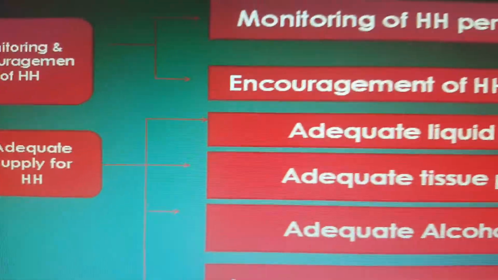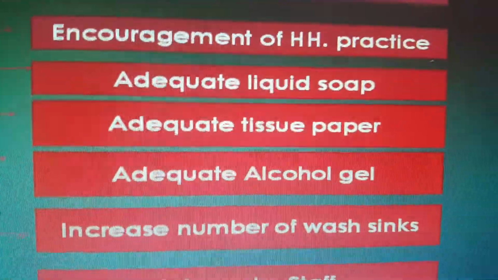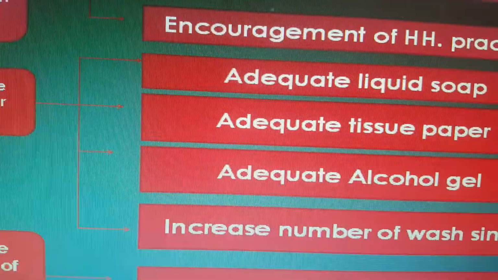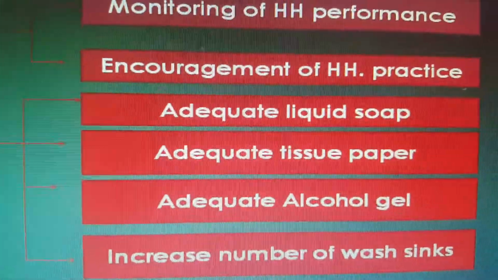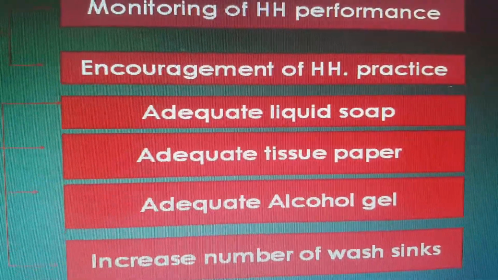Adequate supply of hand hygiene. Compliance of the hand hygiene supplies: adequate liquid soap, adequate tissue, adequate alcohol gel. We are also increasing the number of hand wash sinks. For adequate soap and tissue paper, we are asking Mr. Abdulaziz Al Hakim. He is the supervisor of the cleaners.